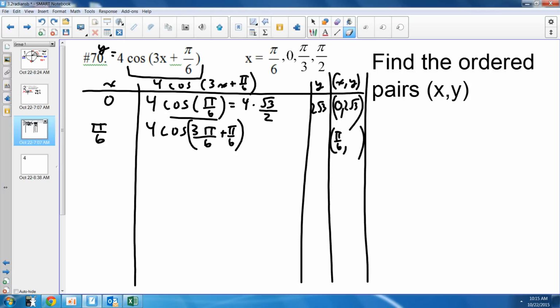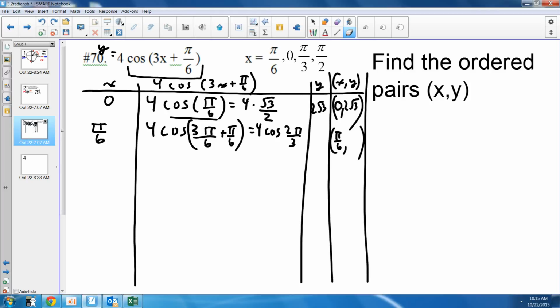I want to keep it with the 6 in the bottom so I can add those fractions. Now it becomes 4 cosine of 4 pi over 6, which is the same thing as 2 pi over 3 when you simplify the 4/6.